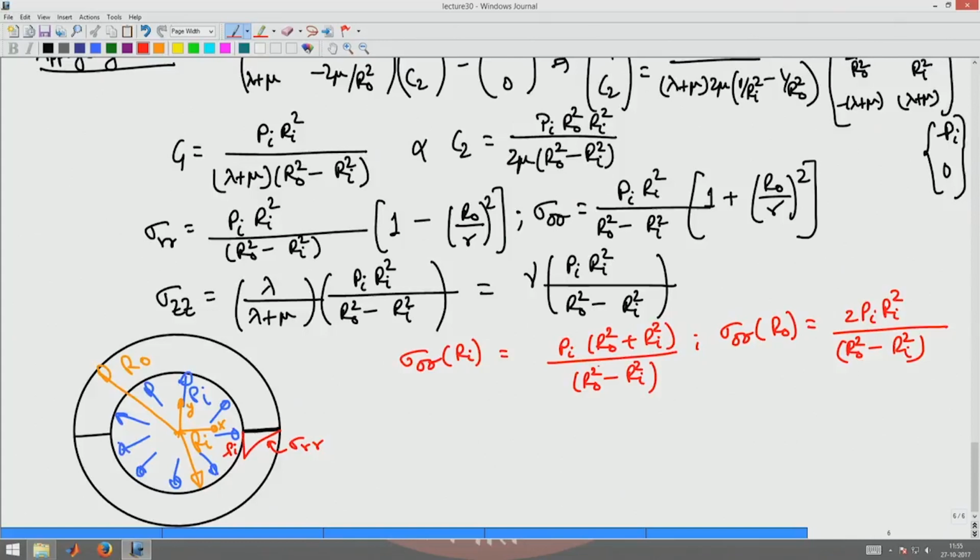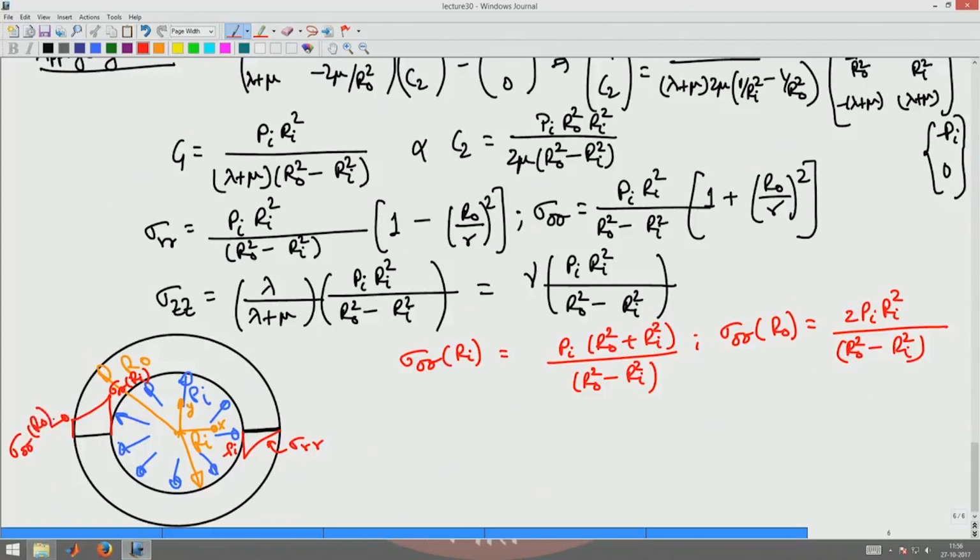You can see that it decreases from the value at the inner surface to the outer surface, but it is not 0 and it is positive throughout the domain. Okay. So, sigma theta theta will vary like that, and this is sigma theta theta at r I and this is sigma theta theta at r naught.